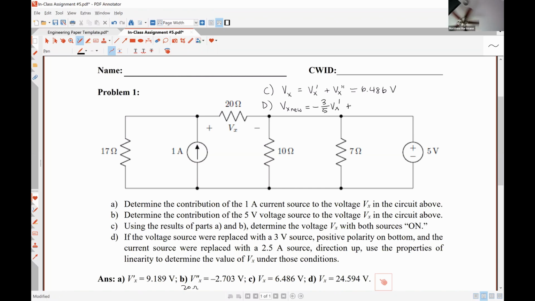What scaling factor is being applied to our 1 amp current source to make it a 2.5 amp current source, direction up? 2.5. Yeah, 2.5. Positive 2.5 times Vx double prime. And so now we're going to get a numerical answer that's absolutely correct, doing no more circuit analysis.